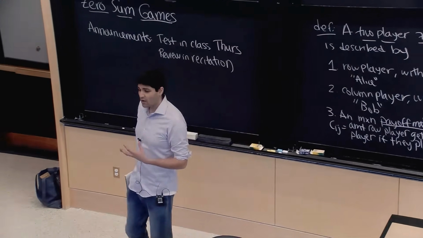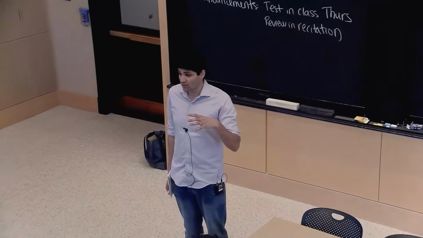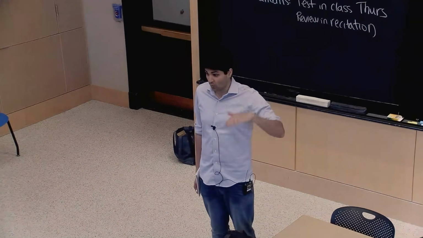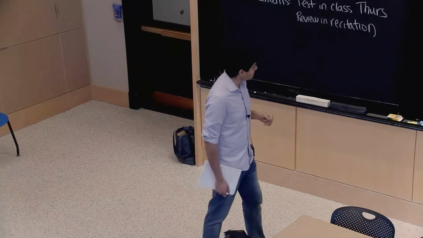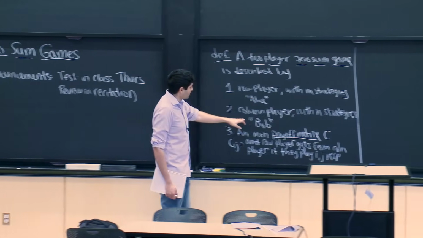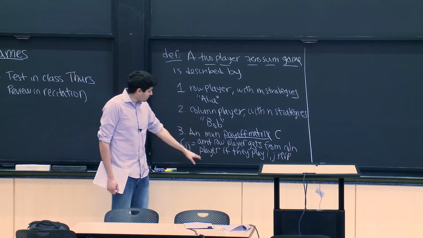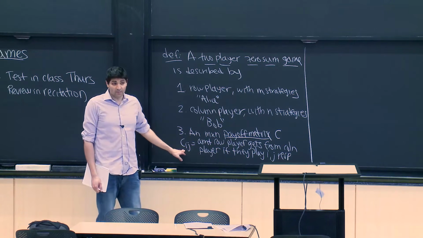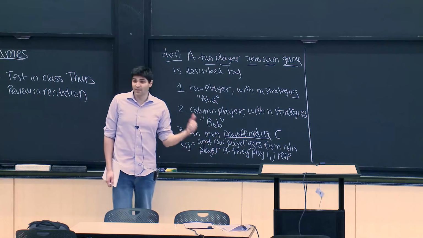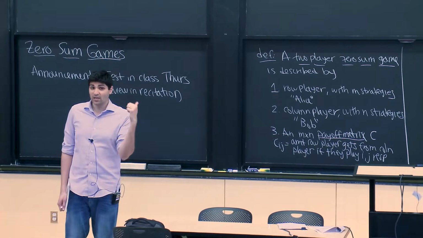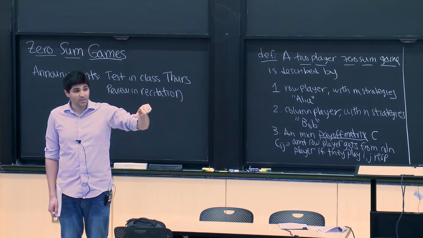So you should think of this payoff matrix as being indexed by their strategy set. Every choice of a strategy for the row player just selects which row we're interested in. Every strategy for the column player just selects which column we're interested in. And then we look into that entry in the matrix, and that describes the net payment from Bob to Alice. That payment could be negative, in which case the money goes from Alice to Bob.